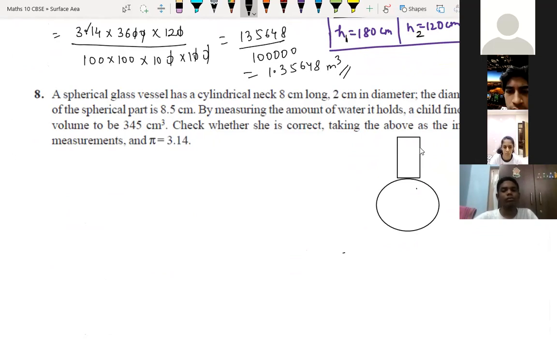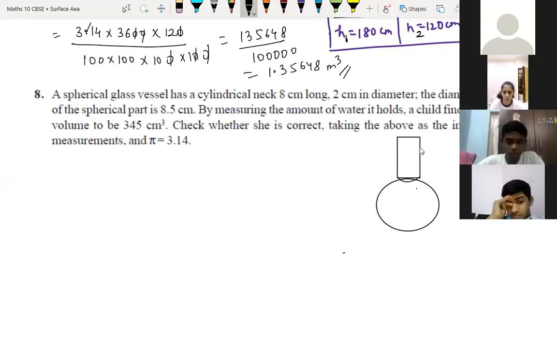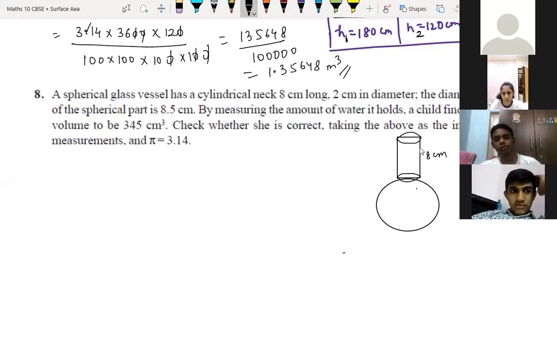A spherical glass vessel has a cylindrical neck. So we'll make it here, the neck is like a cylindrical neck, no? We just make it like this. The cylindrical neck is 8 centimeter long. Here you just write, but don't write directly.